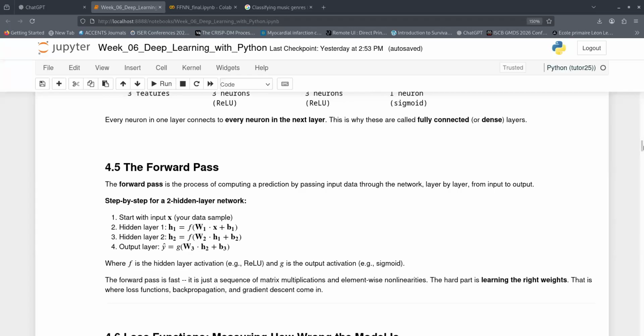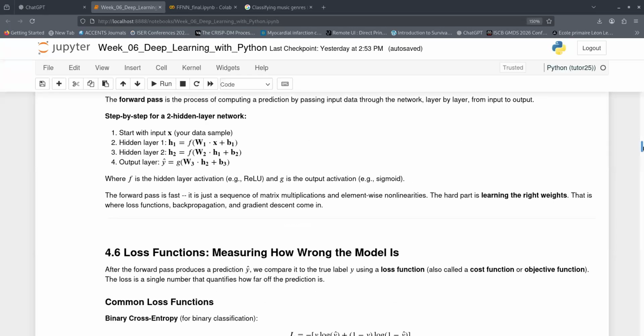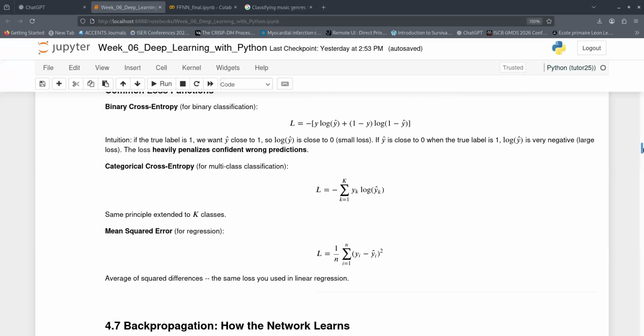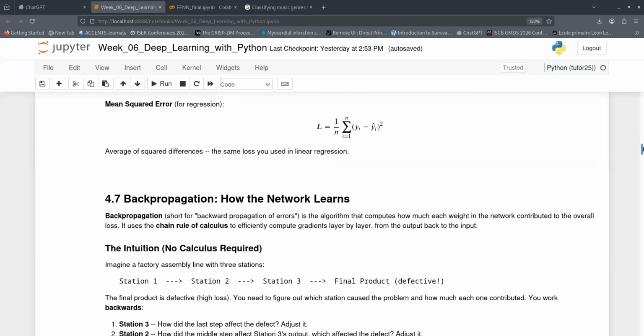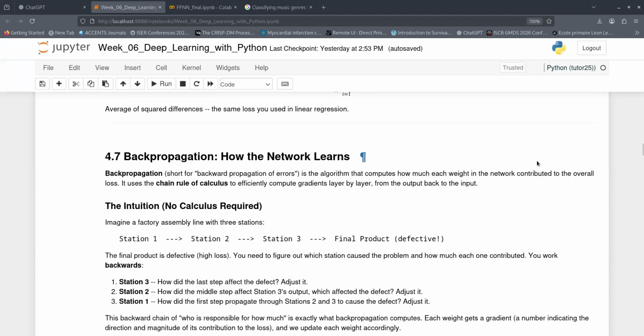If this learning isn't stable, a good way for us is to go to back propagation, how the network learns. It computes how much each weight in the network contributes to the overall loss. It uses what we call the chain rule of calculus to efficiently compute gradients layer by layer from the output back to the input.